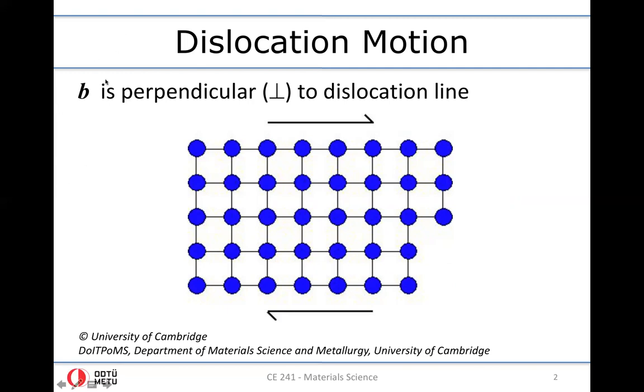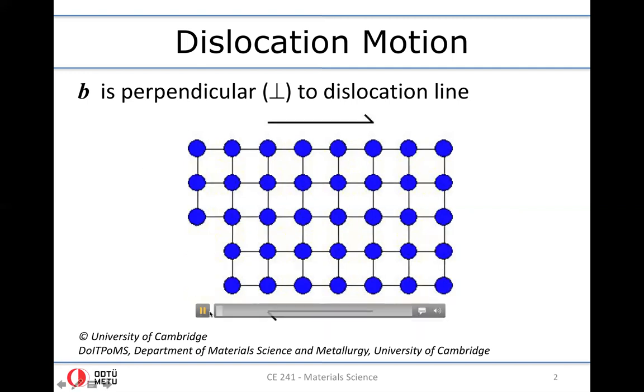And remember, Burgers vector is defined as the mismatch of the starting point and the end point of a circuit that we draw around the dislocation line by taking an equal number of steps in all 4 directions. All right. So let me show it here.